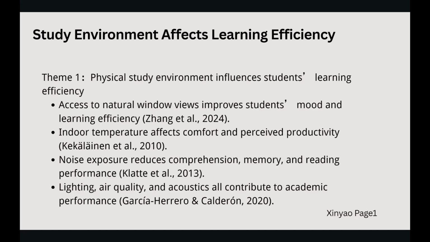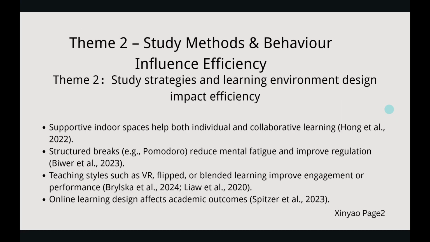Noise exposure, even background noise, can reduce comprehension, memory, and reading performance. In addition, lighting, air quality, and acoustics all play important roles in shaping academic performance. Together, these findings show that environmental conditions directly impact how effectively students can study.